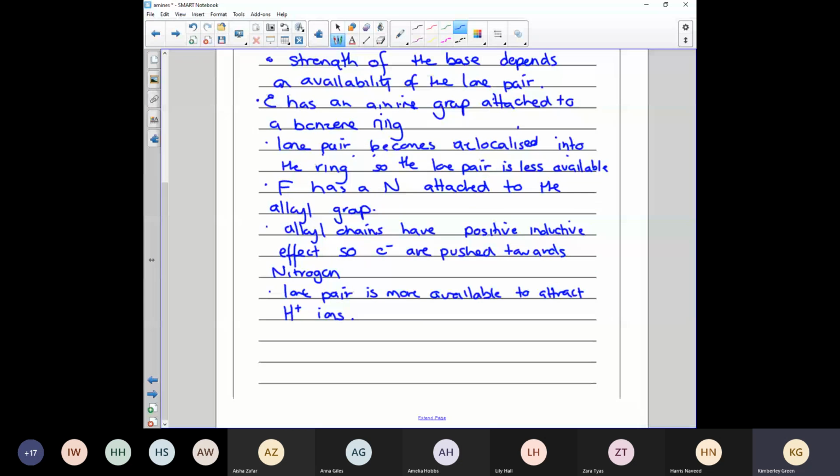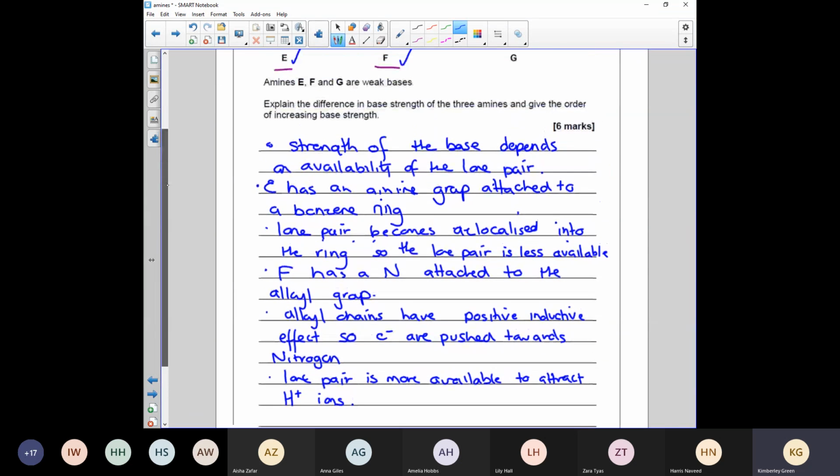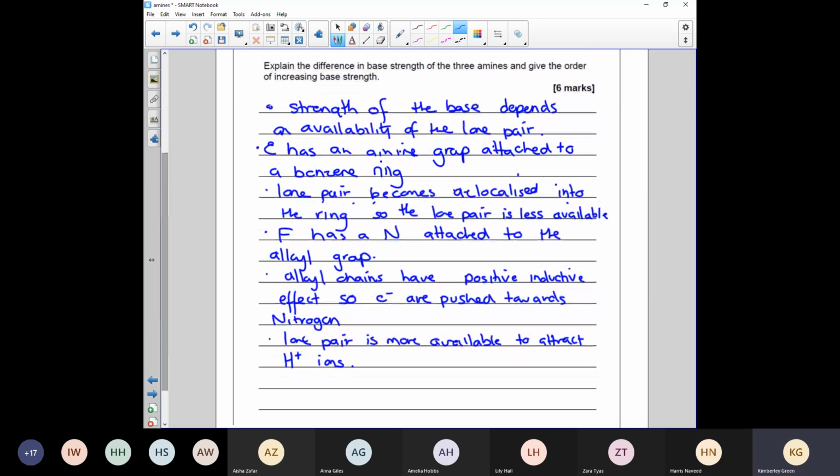And actually with the mark scheme, you didn't have to talk about G. When you put it in order, you just had to make sure that G was in the middle, because it had a bit of both in there. What they wanted you to say was: 1 mark for this, E next to the delocalized ring, that's mark 2.